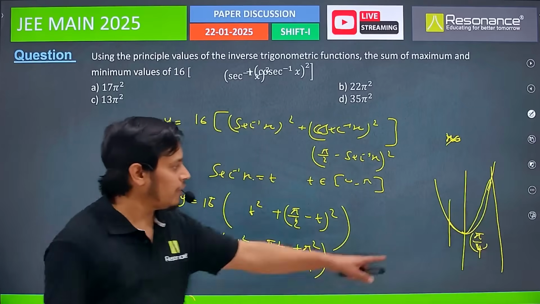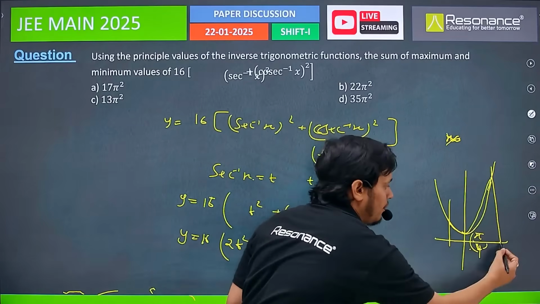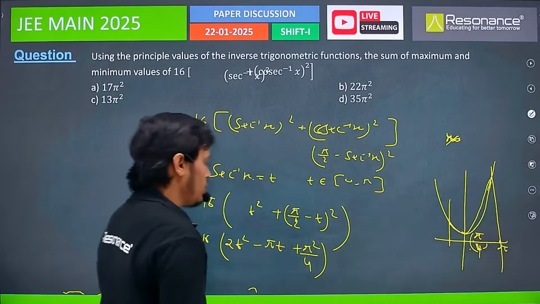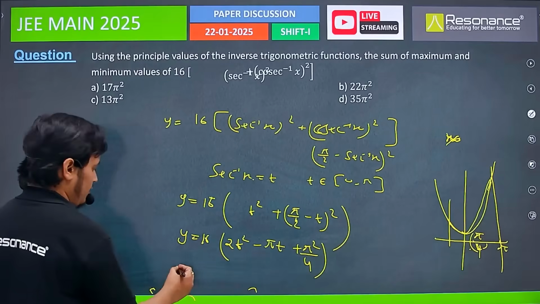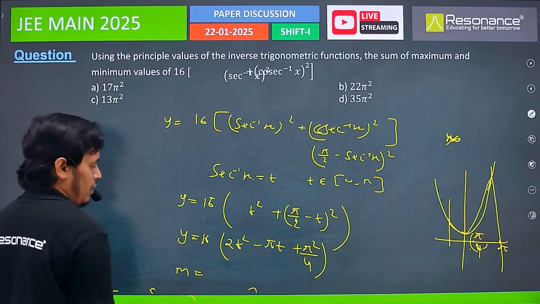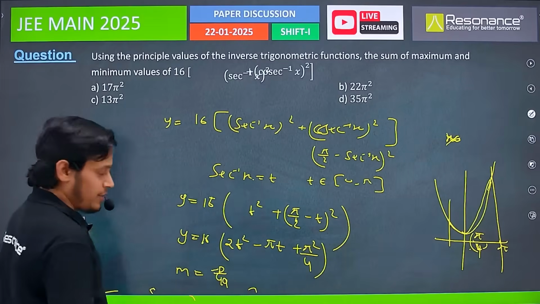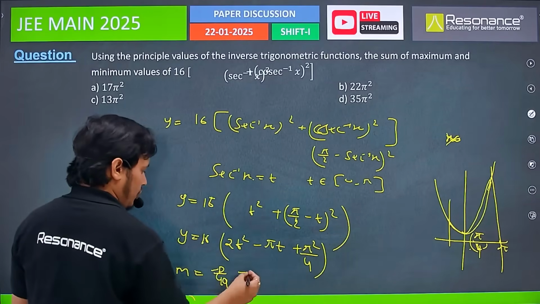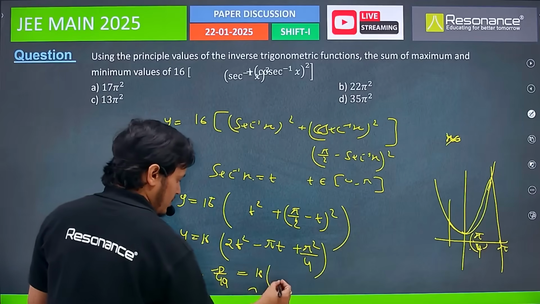So actually the minimum value is at pi by 4 and the maximum value is at pi. Okay, so at pi by 4, what is the minimum value? Minimum, small m, suppose it is the minimum, that is equal to minus d by 4a, the y coordinate of the vertex. I am writing this 16 as it is.